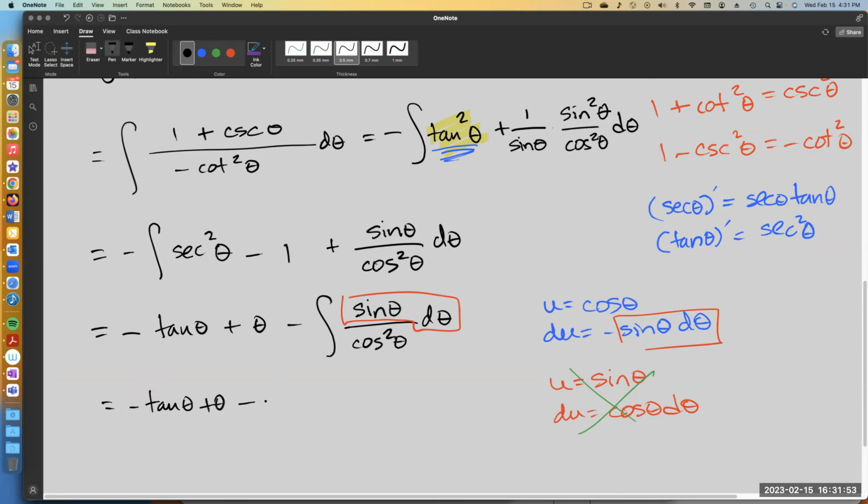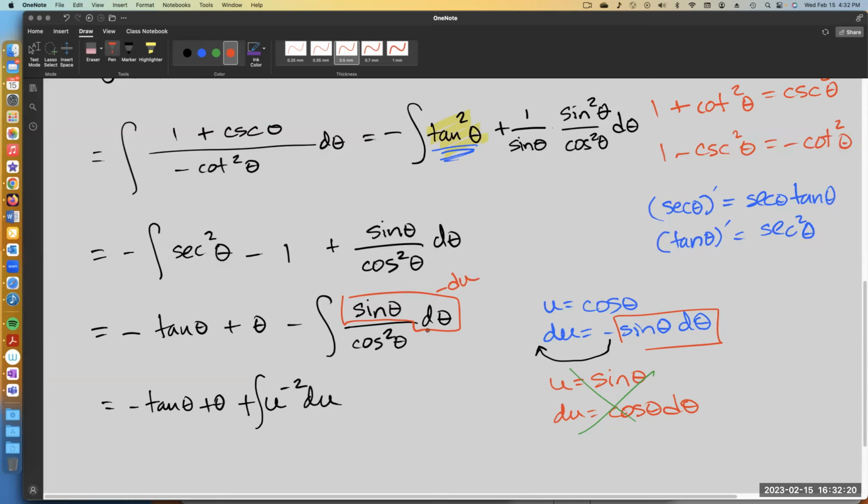So now we're going to have minus u to the negative 2 du. Oh, I dropped a minus sign. Gotta put my glasses on. This minus sign right here, we're going to move to the front over here. That's going to make this a plus. So sine of theta d theta is minus du.